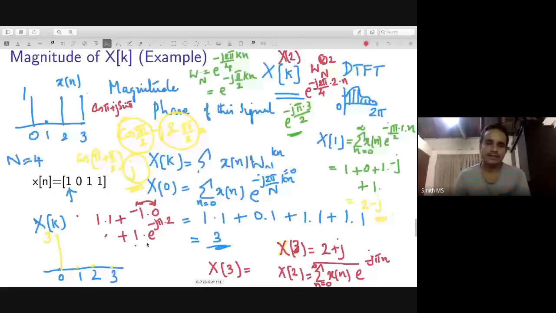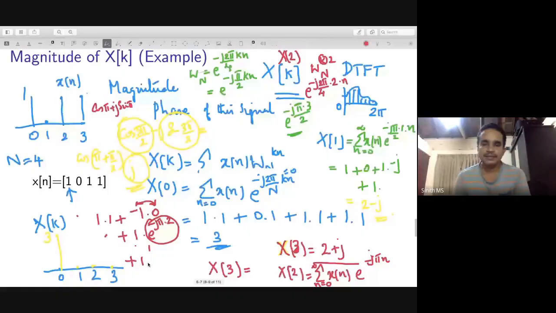So this is 1 into 1, plus again 1 into e raised to minus j 2 pi, and this is again 1. So this is minus 1, 1, this is 0, and this becomes 1. So you have 1 plus 1 plus 1, 3. Am I right? So you have 3.